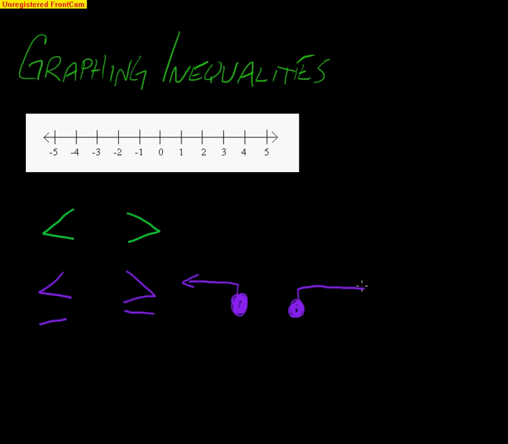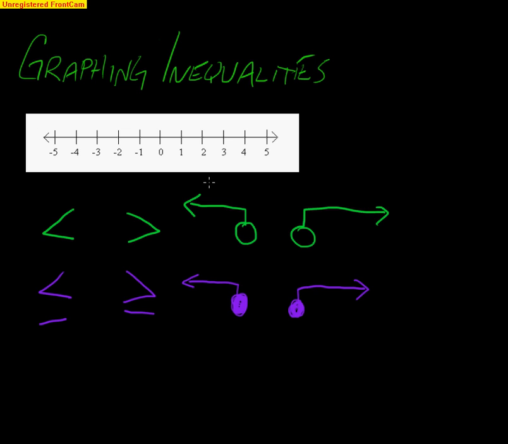That closed dot represents us including that value. With the less than and greater than symbols, you're going to use that open circle because it doesn't include, but it goes right up against that value. So open does not include, closed does include. And the main difference there, once again, if you look, this doesn't have the equal sign underneath. These two do. So it's closed with the equal sign underneath and open without the equal sign.